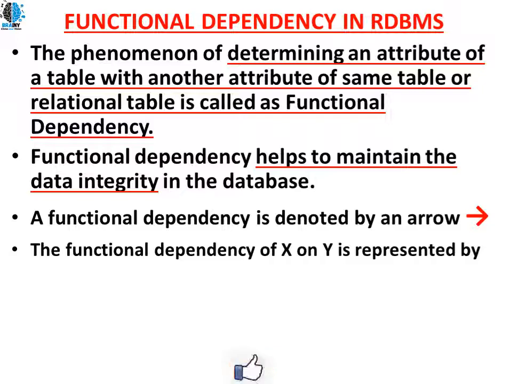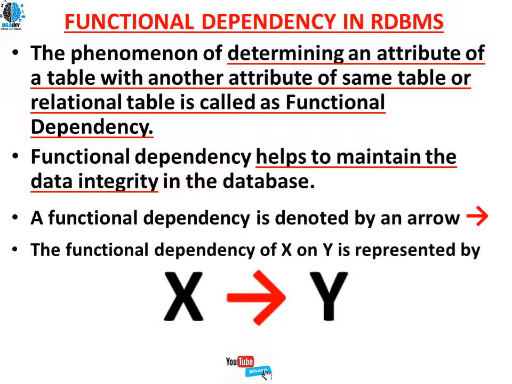If I want to show the dependencies, x on y is going to be represented as x arrow y. It means y depends on x, and x is determining y.